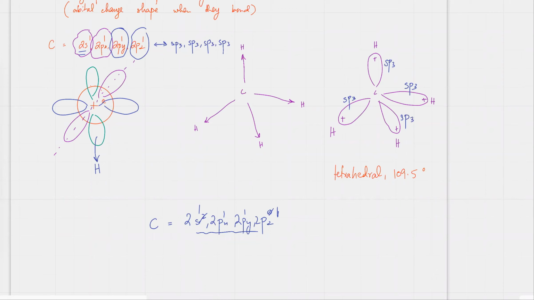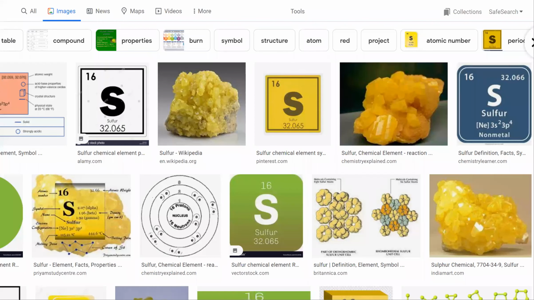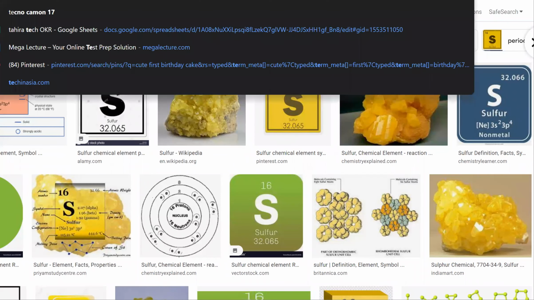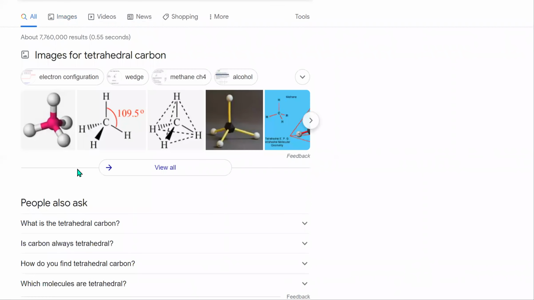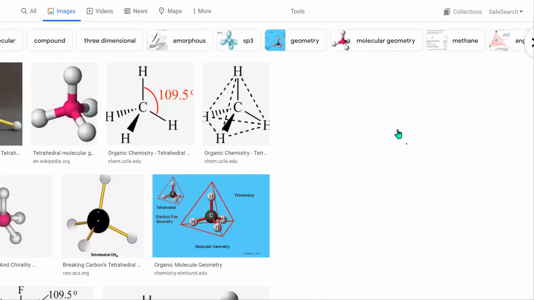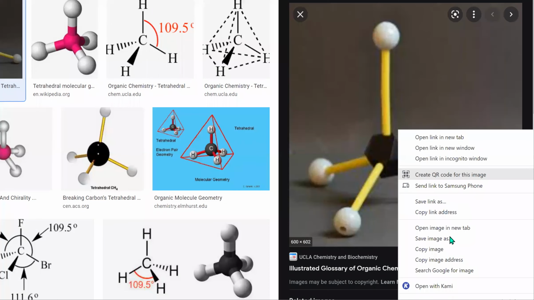I'll show you the shape as well. So, tetrahedral carbon atom, just one second. This image is good enough to give you an idea of what a tetrahedral arrangement is.